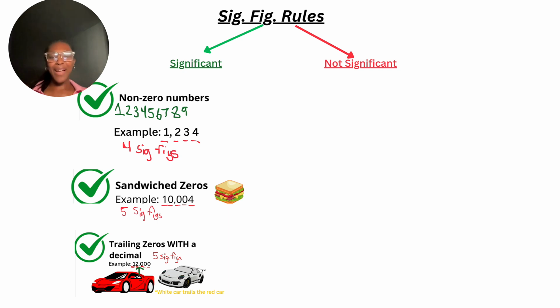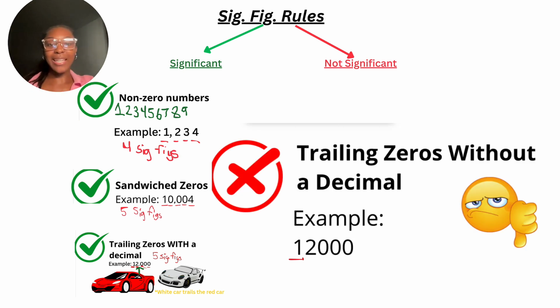So now that we've identified all of the rules that come with the significant digits within a number, let's dive into the digits that are not significant. The opposite of the example we just did is the trailing zeros without a decimal. I wanted to use a number that was similar.